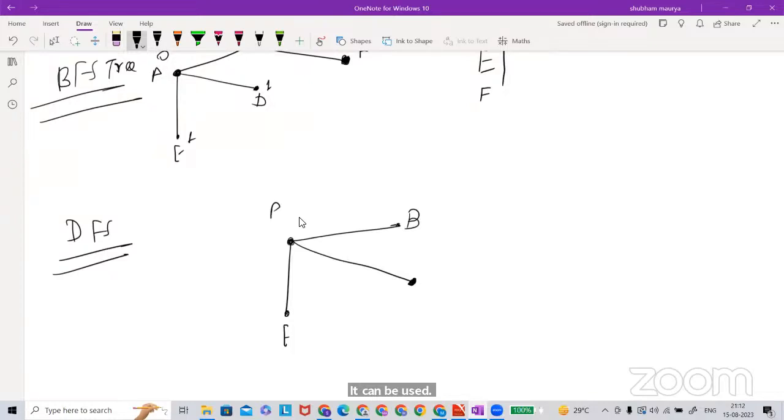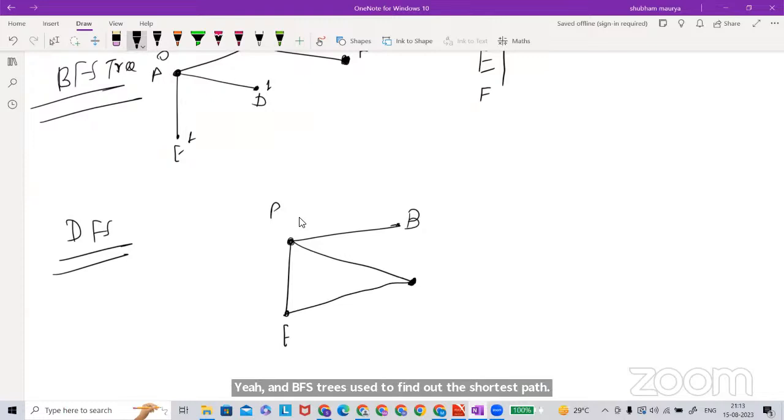They will properly investigate which vertices are connected and where the cycle is. And the BFS tree is used to find the shortest path, and DFS also can be used to find the shortest path.